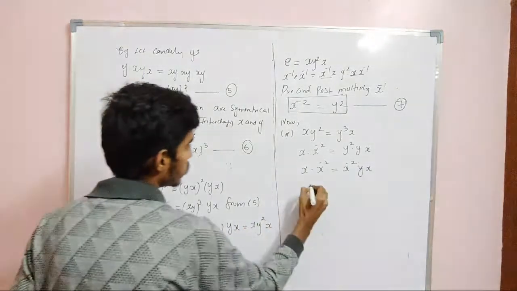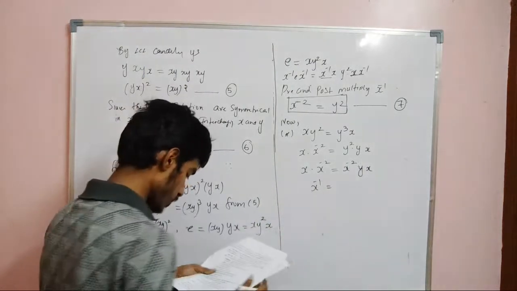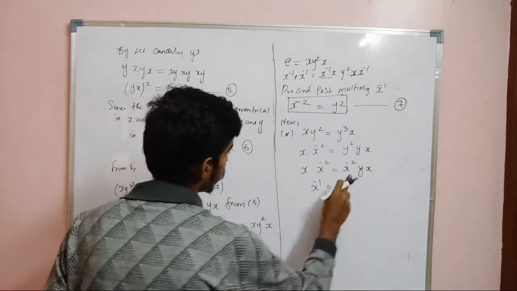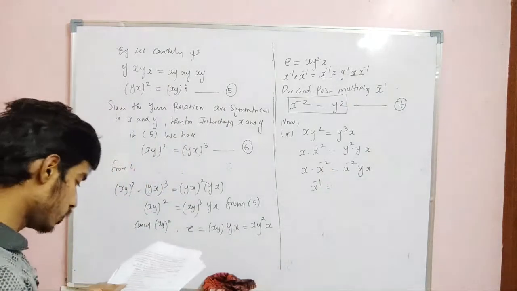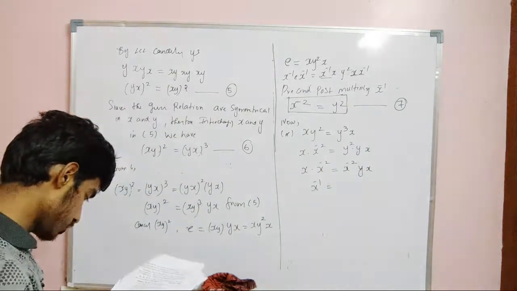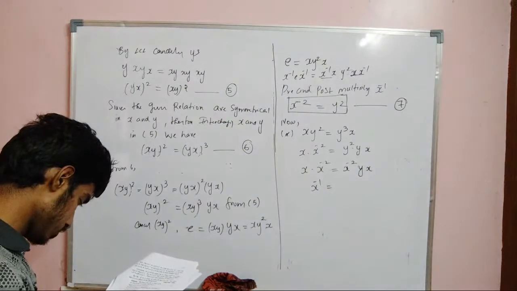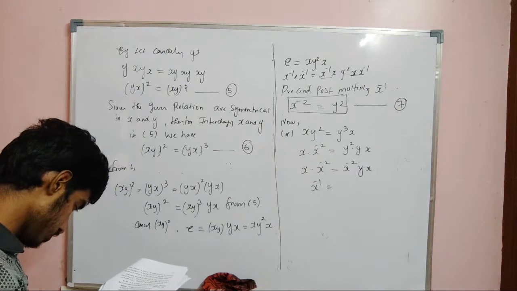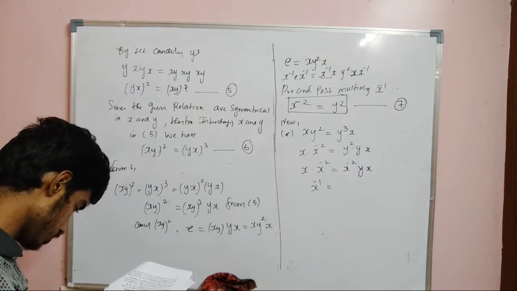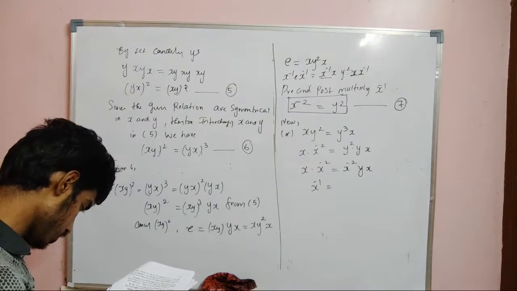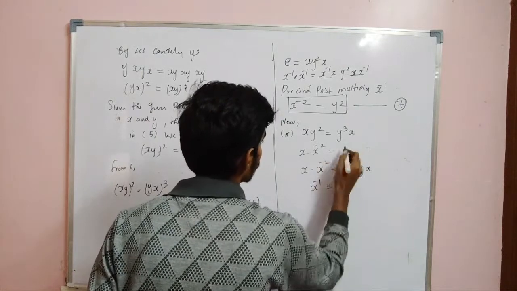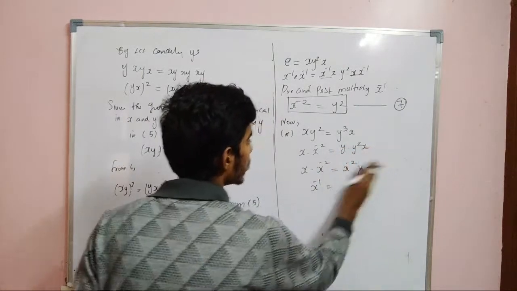Now x into x power minus 2 is x inverse, and x power minus 2 into x, we will write this as y into y square x.